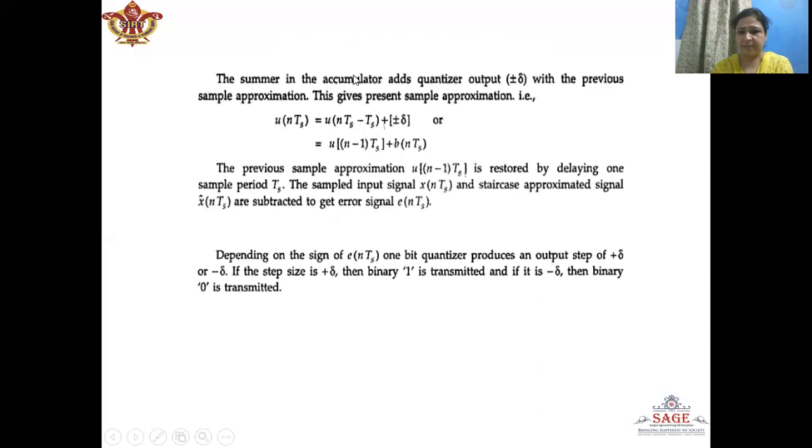The accumulator will add this quantizer output, plus or minus delta, to the previous sample approximation to generate the present sample approximation. So u(nTs) will be given by u((n-1)Ts) plus b(nTs). Depending on the sign of e(nTs), the 1-bit quantizer produces plus delta or minus delta, and accordingly binary 1 is transmitted for plus delta and binary 0 for minus delta.